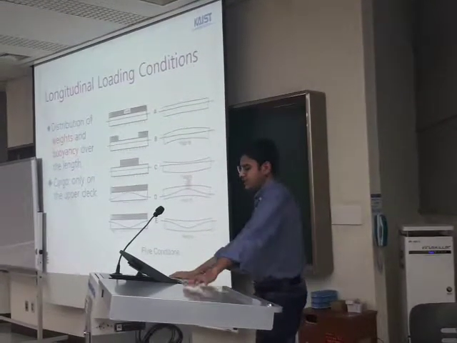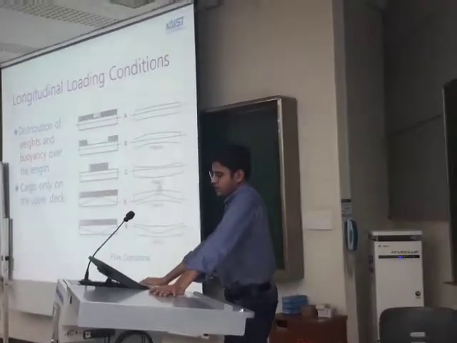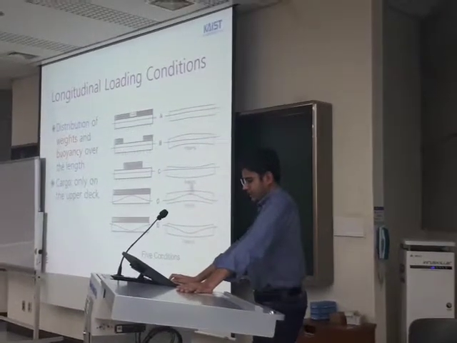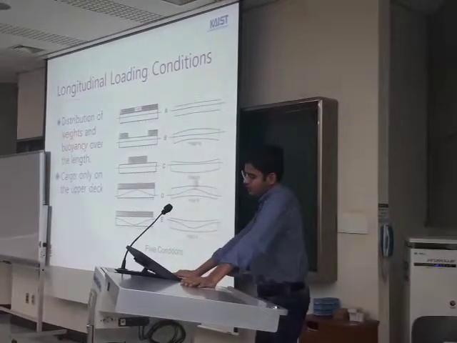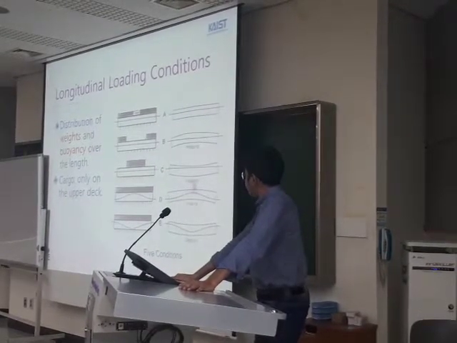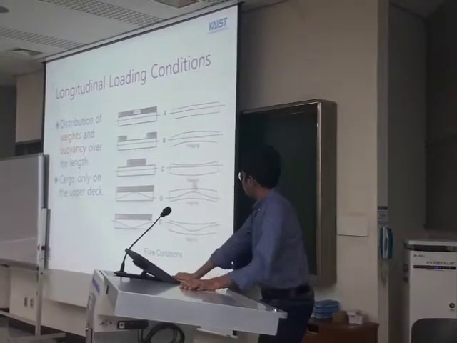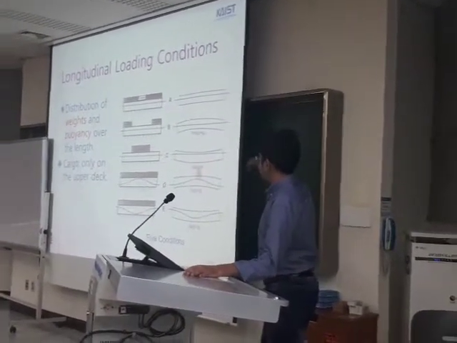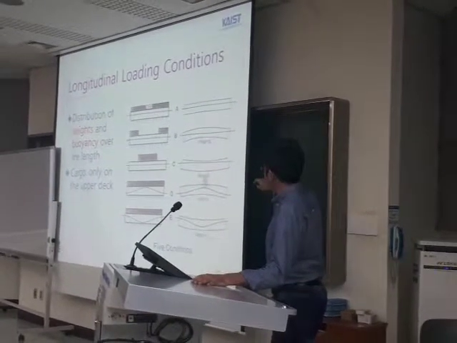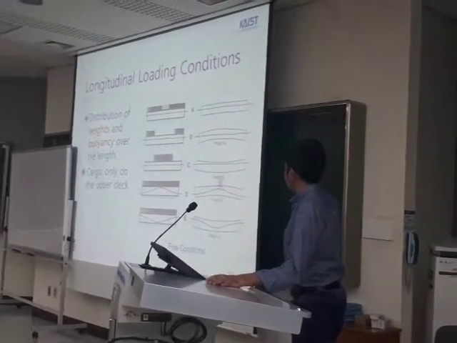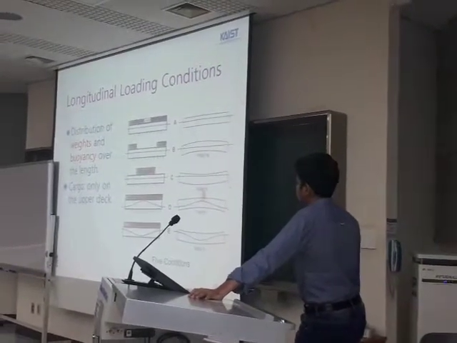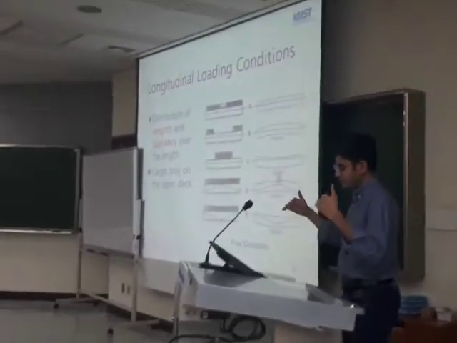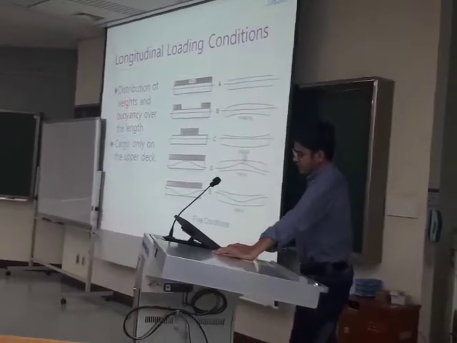The last 2 conditions are when the cargo is uniformly distributed, but the ship is also encountering a wave. In the second last case, it is encountering a wave whose crest is located in the middle of the ship. In that case, a similar situation of hogging, like in case B, will occur, and in the last, since the wave crests are on the ends of the ship, sagging will happen.